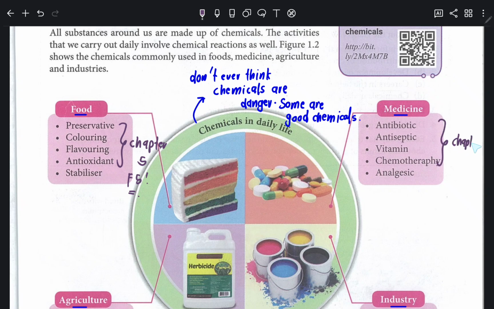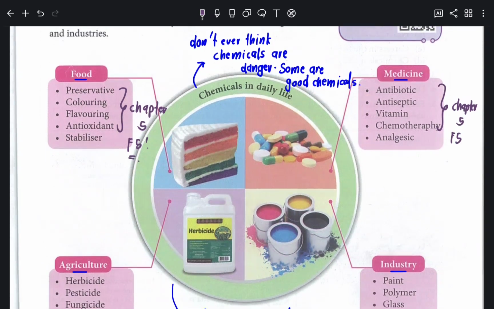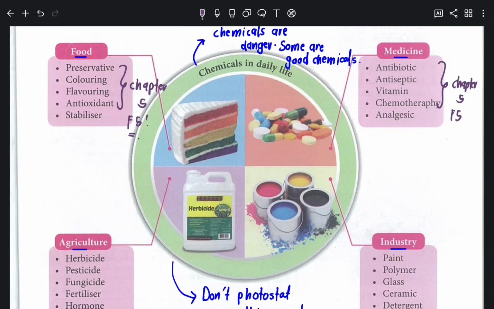Now in this chapter you only learn the surface. You will know all of this in form 5. Will the functions be asked in form 5? Yes. For form 4 they won't ask. They will just ask for a few examples, like for medicine, what chemistry elements are applicable in medicine. So producing antibiotics, antiseptic, analgesic, chemotherapy, vitamin, and so on.